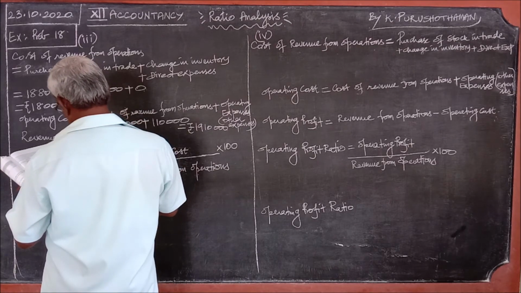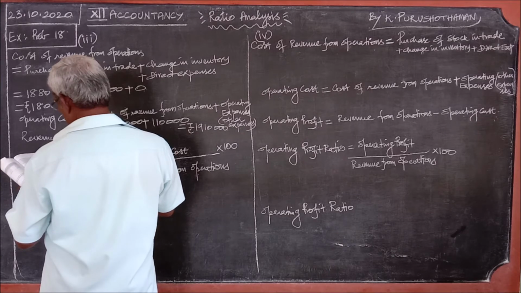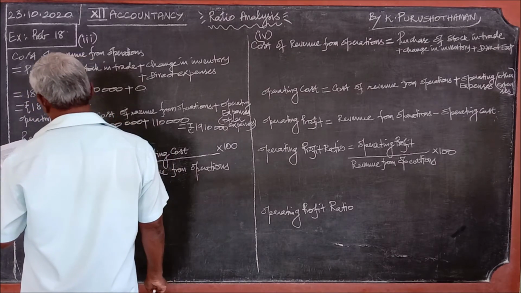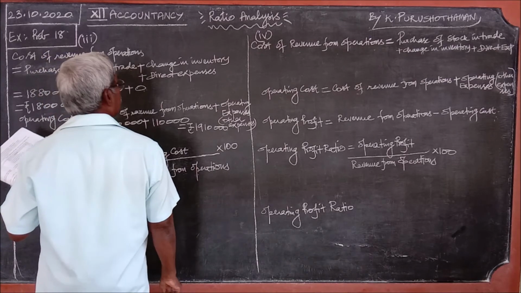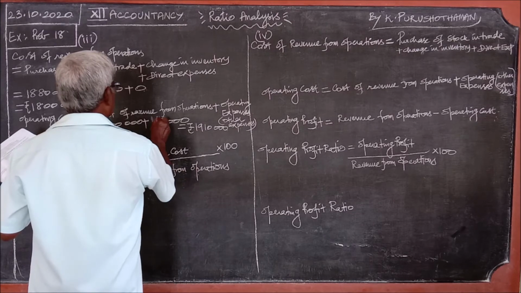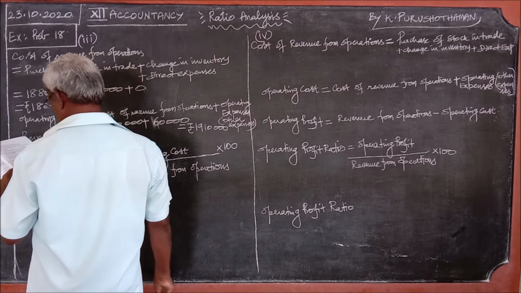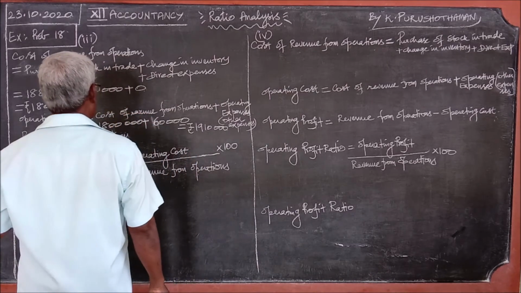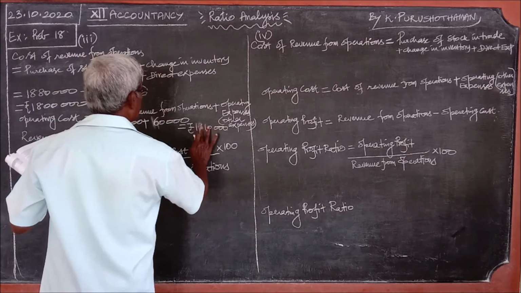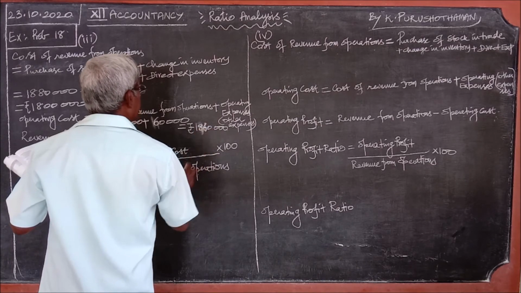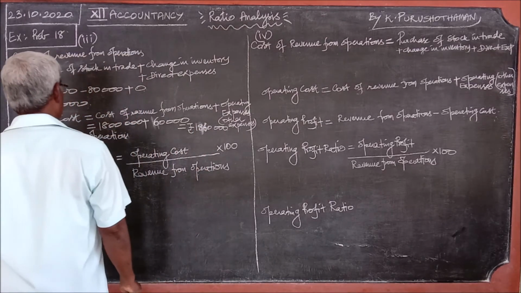Other expenses in 18, other expenses is 60,000. So 18 lakhs 60,000.